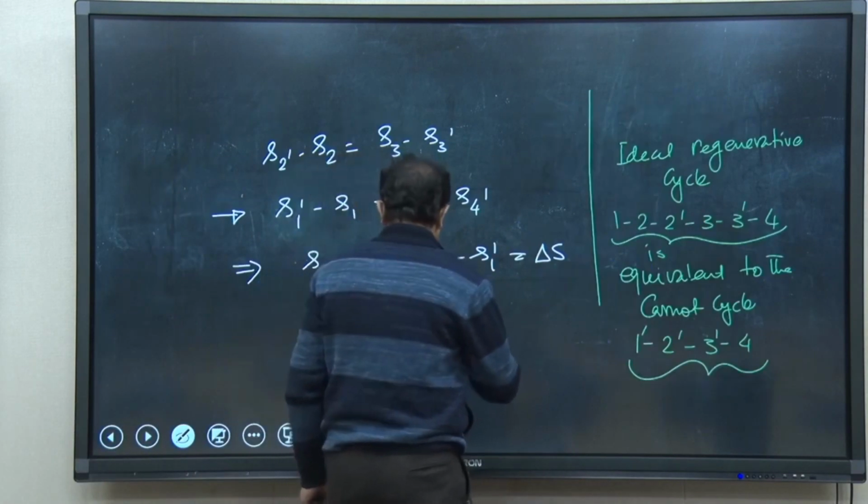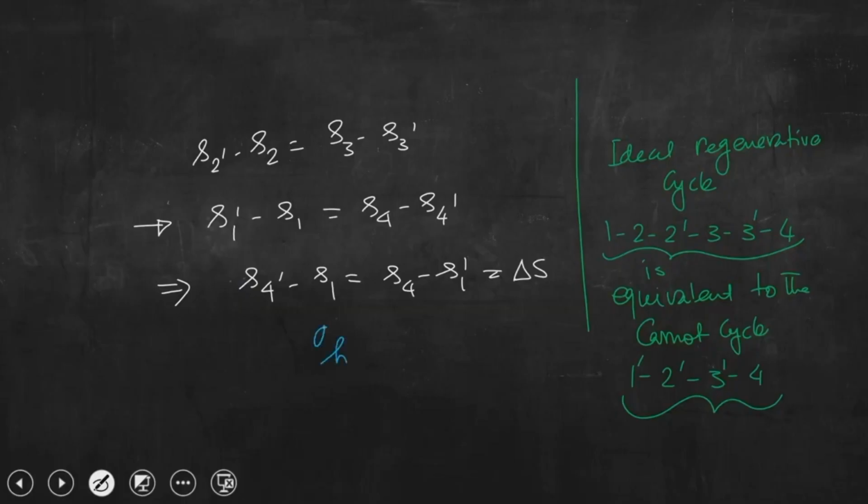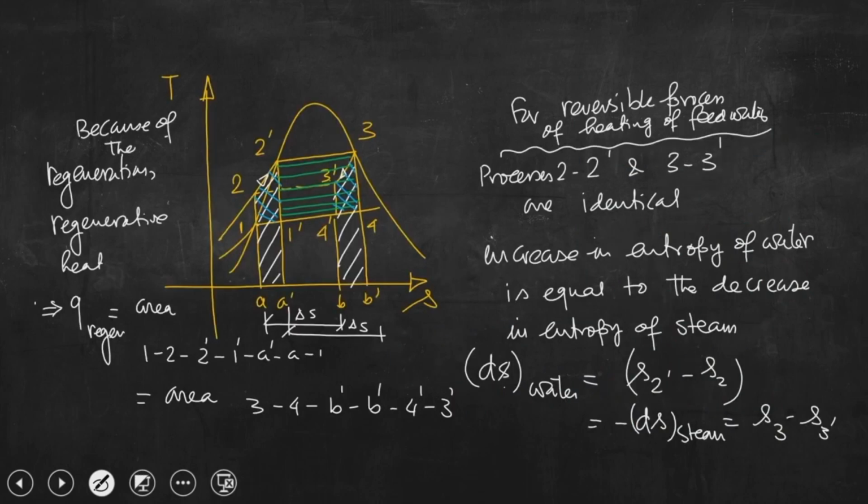For the Carnot cycle, heat addition QH equal to how much? QH equal to TH into S3 minus S2', right. So, this is the heat addition for the Carnot cycle.